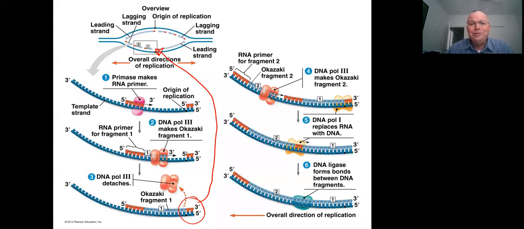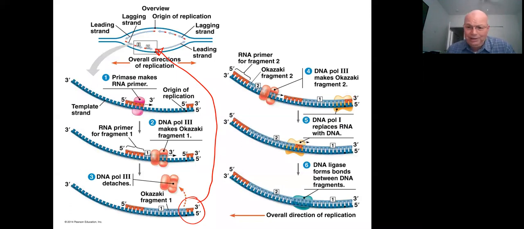Now, that would be bad news if that primer was left there. But fortunately, the primer is not going to be left there, because one of the other DNA polymerases, DNA polymerase 1, otherwise known as pol 1, does recognize that those RNA nucleotides do not belong there. So it comes in and attaches, removes the RNA nucleotides and replaces them with DNA nucleotides.